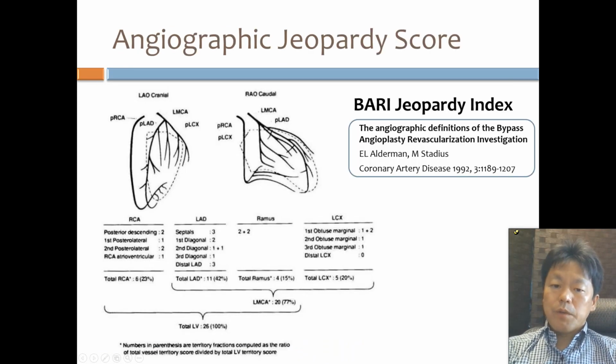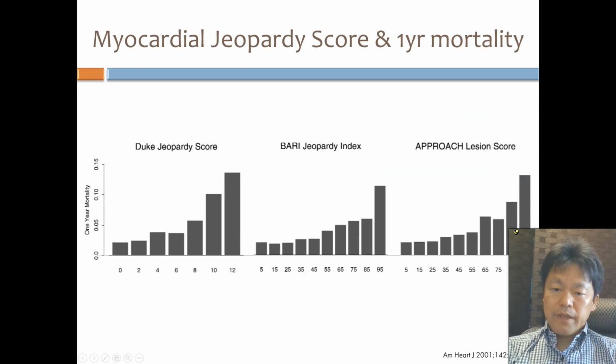Before the nuclear era, there was the angiographic jeopardy score. That is risk assessment using the angiographic data, the angiogram. This is the BARI jeopardy index, and the Duke approach.